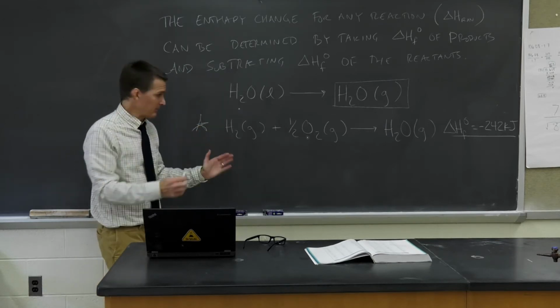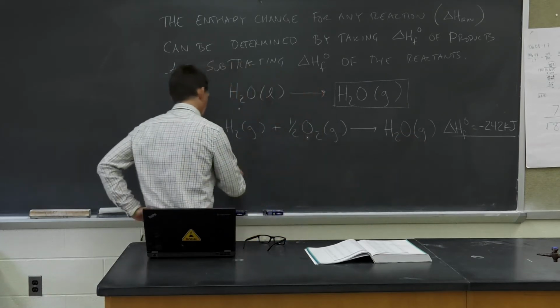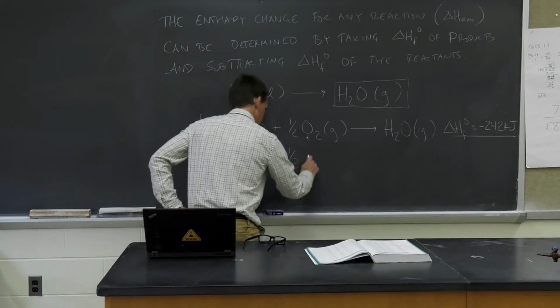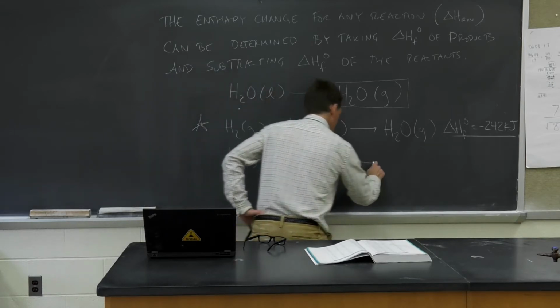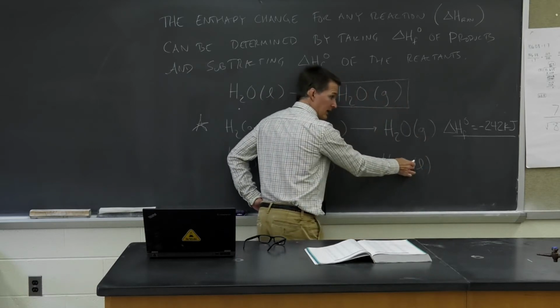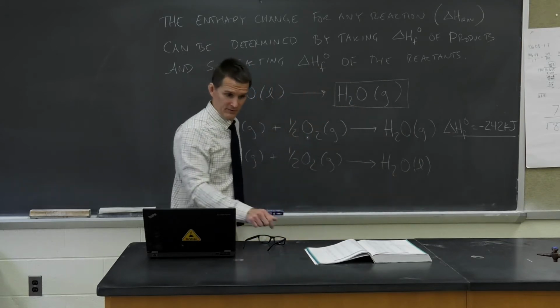Now let's find the standard enthalpy of formation for liquid water. Well, it's going to look the same. I mean, this whole equation is going to look the same, except we're going to have a liquid here. So we'll just write that out. But of course, because we're making liquid water and not gaseous water, we're going to have a different value there.